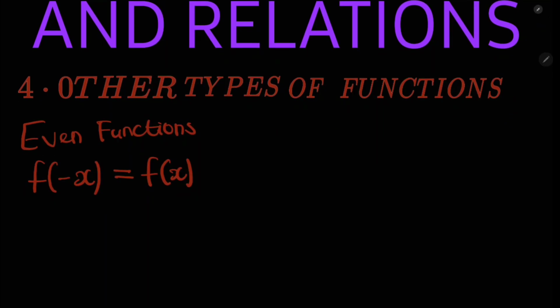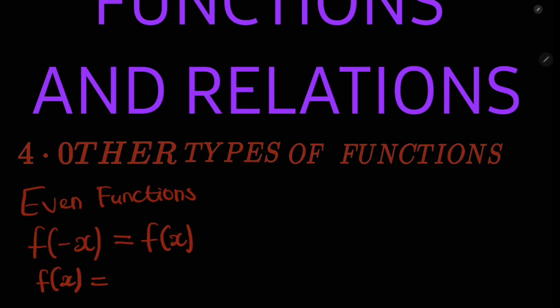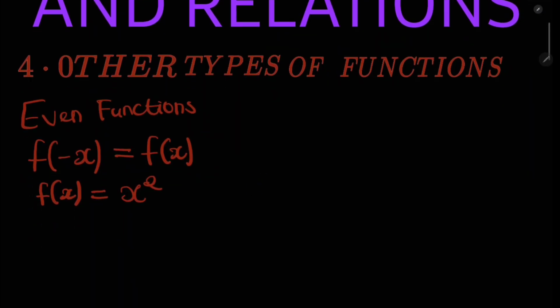Okay, let's say we have f of x is equal to x squared. So let's say we want to test if f of 2 is equal to f of minus 2.